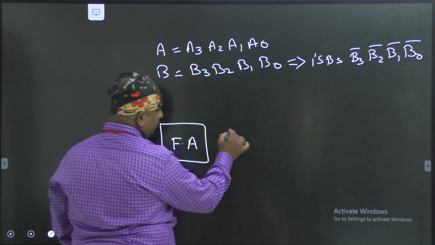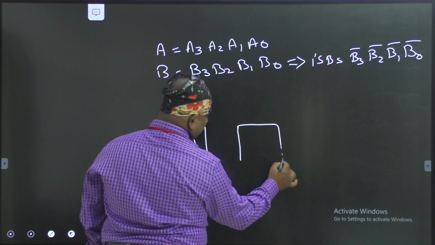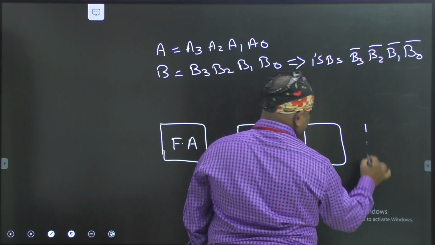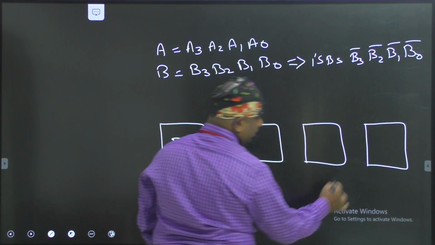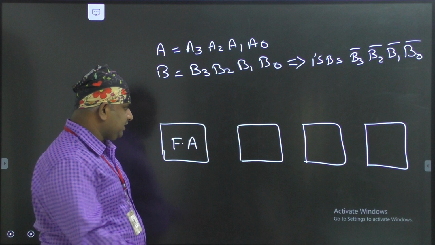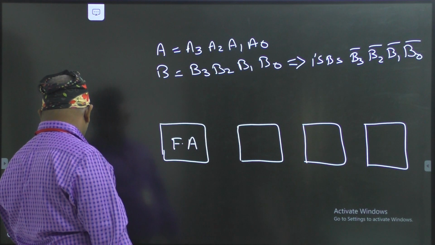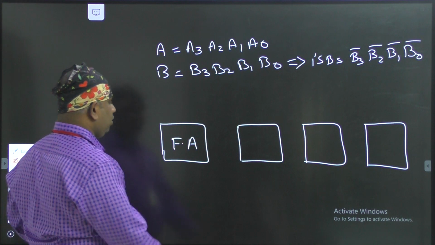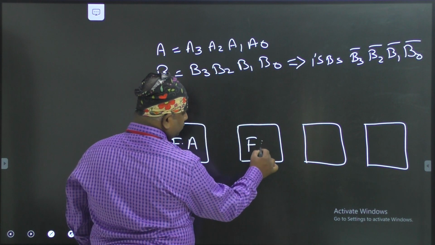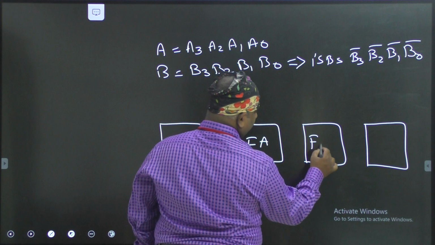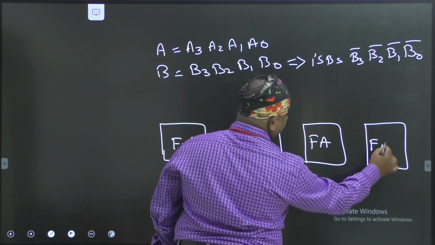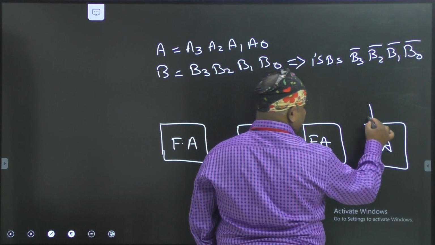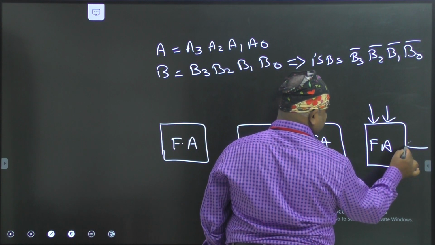This is a full adder. Here I am writing one more full adder. Whatever concept we discussed in the previous classes, the same concept I am doing here. So full adder, full adder, full adder. For a full adder we have 3 inputs, and I am drawing these 3 inputs.